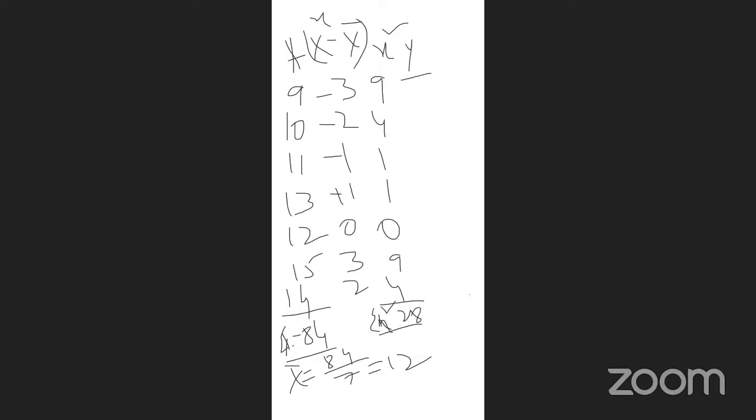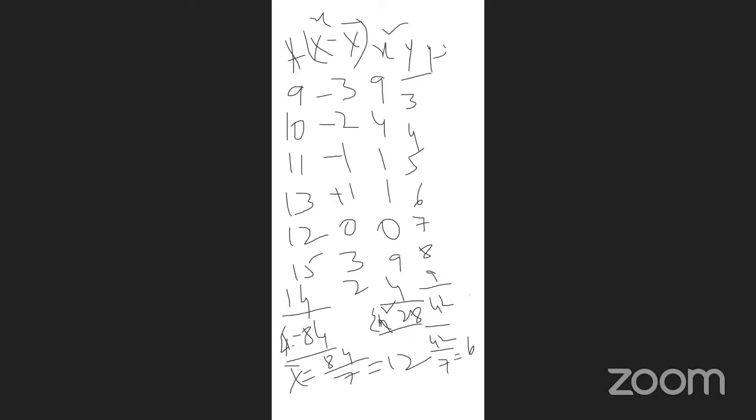Now coming to the y, I gave you 3, 4, 5, 6, 7, 8, and 9. Total of this is 7, 12, 18, 25, 33, 42. 42 divided by 7, your y bar is equal to 6.